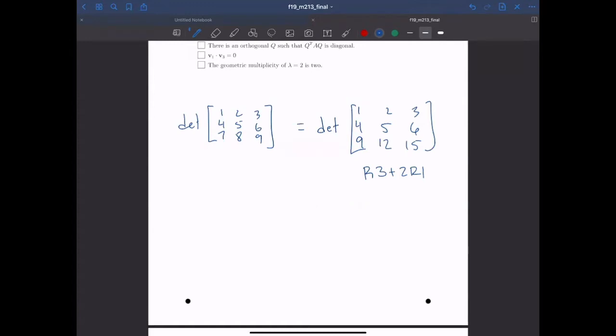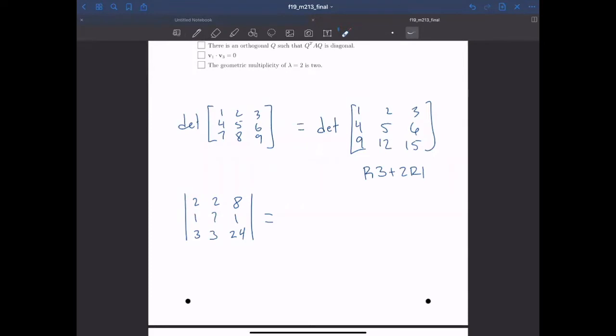If I were to take a matrix, I'm going to switch to the vertical bar notation. Say I took a matrix and I had a 2, 2, 8, 1, 7, 1, 3, 3, 24. Whenever you have a row that has a factor, you can pull that factor out.